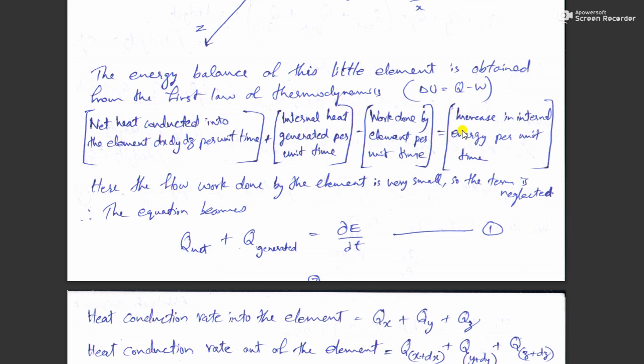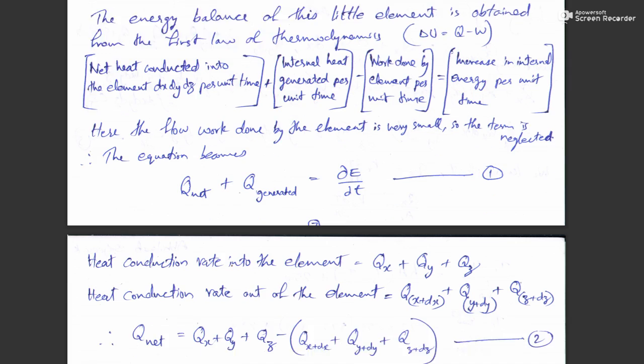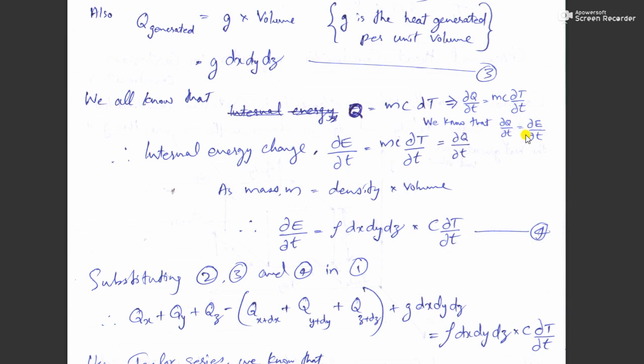Actually, change in internal energy is equal to change in heat minus work, but we have neglected the work term. So the change in internal energy is equal to the change in heat. So we write dou E by dou T is equal to dou Q by dou T is equal to mc dou T by dou T.